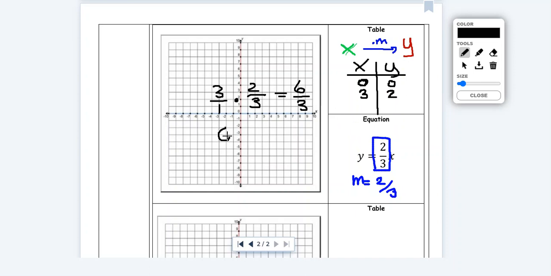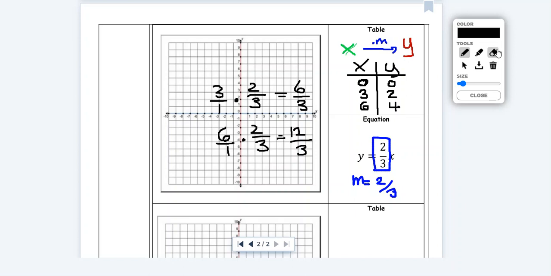So we have 6, which I can turn into a fraction by putting it over 1, times 2/3. 6 times 2 is equal to 12. 1 times 3 is equal to 3. 12 divided by 3 is 4. So when I put in a 6, the number I get out is a 4.